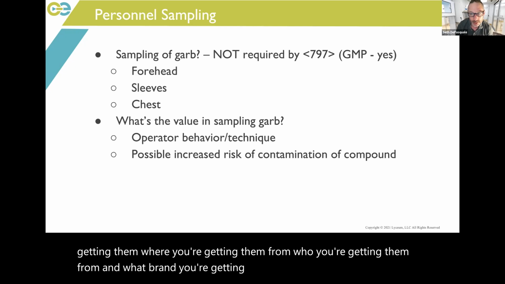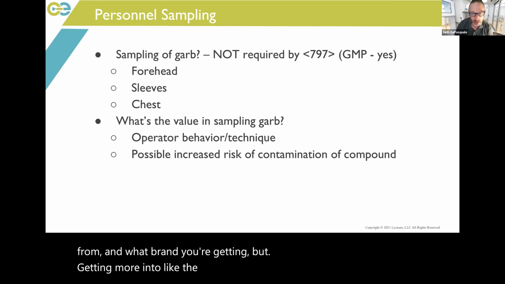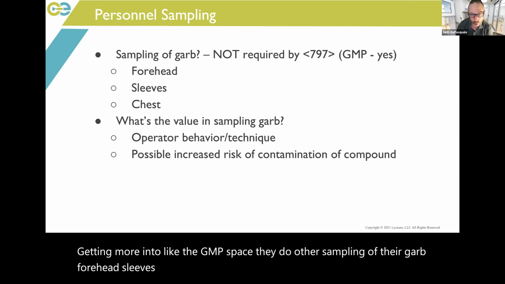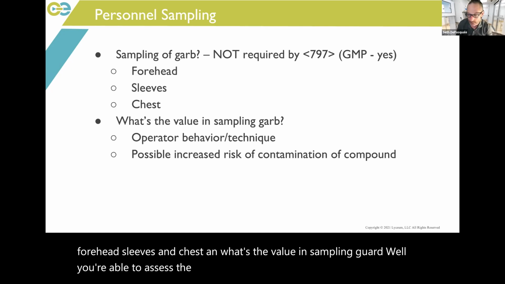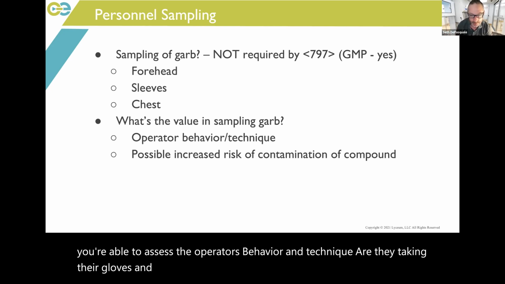But getting more into the GMP space, they do other sampling of their garb: forehead, sleeves, and chest. And what's the value in sampling garb? Well, you're able to assess the operator's behavior and technique. Are they taking their gloves and touching different parts of their body during the procedure?